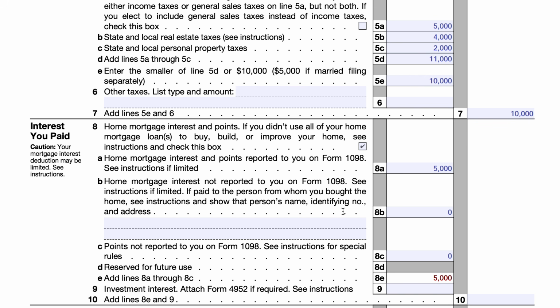So if you borrowed money to buy property that was held for investment, this could be margin interest. This could be interest on a second or like a rental property.